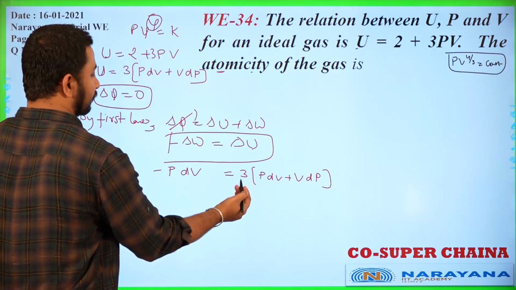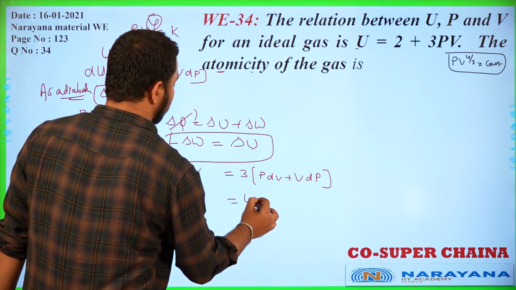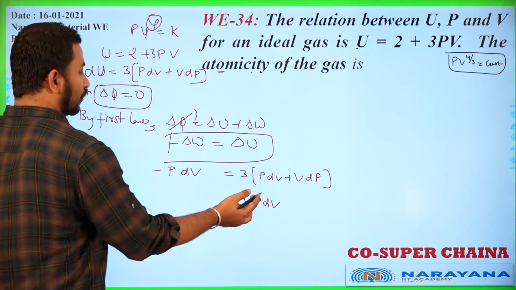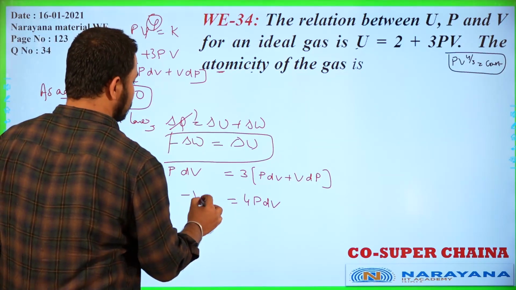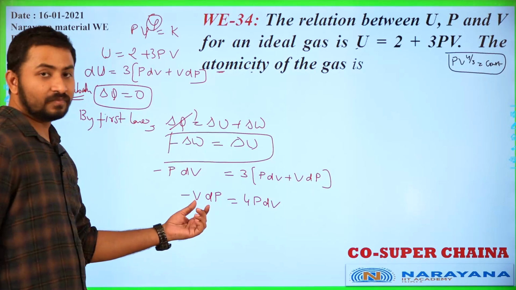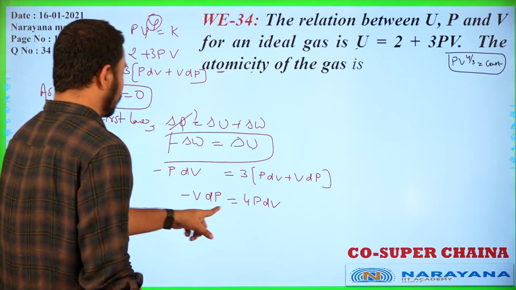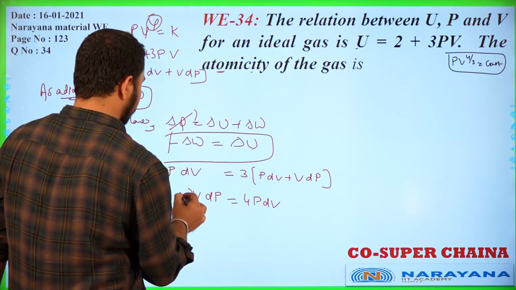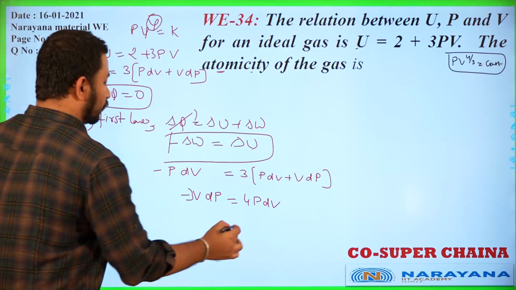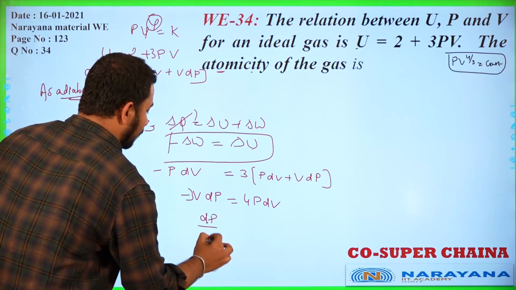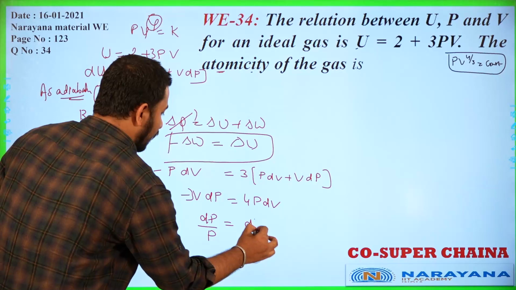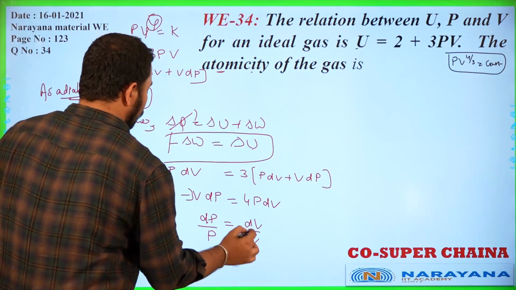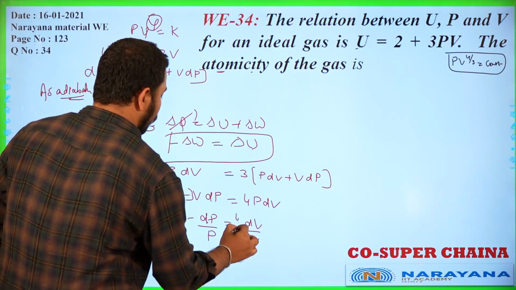We are getting 4PdV on this side, and this will come with a minus sign, so minus 3VdP. Now we'll put the value dP by P equal to minus 4 by 3 dV by V.